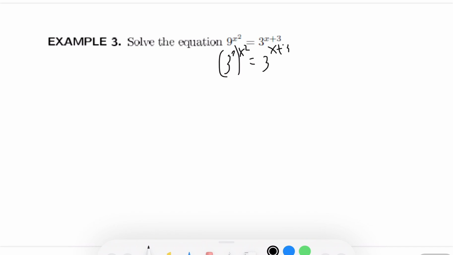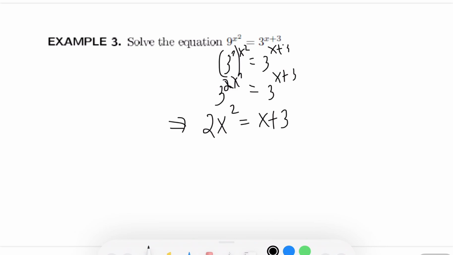So now we have the same base. Power to power rule, we have 2 times x squared. So by the result, exponents are equal. 2x squared equals x plus 3. So it is a quadratic form, so I will transpose. Minus 3 equals 0.